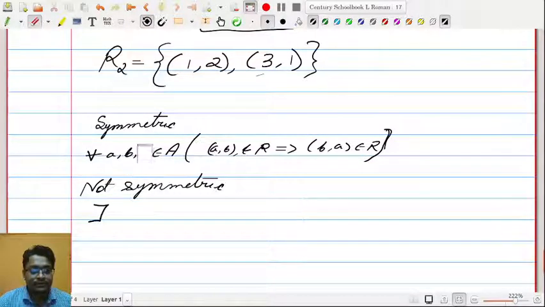So under what condition can I say that a relation is not symmetric?